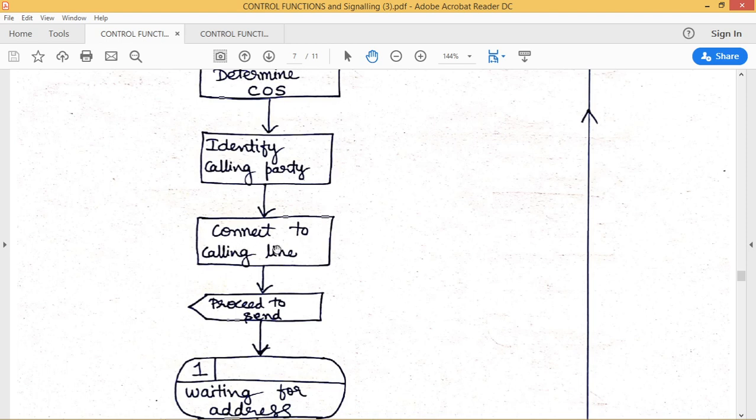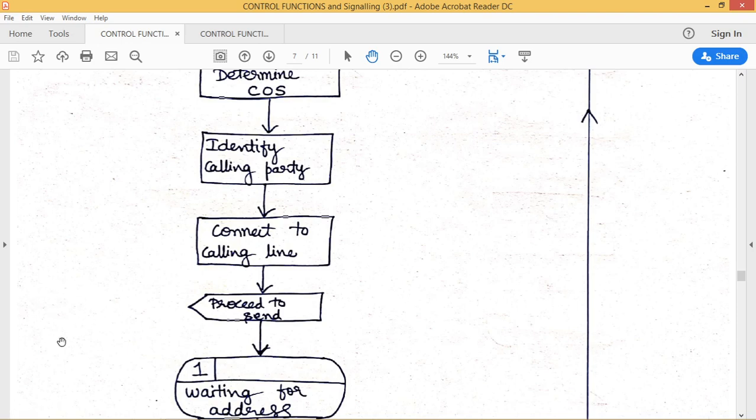So once the connection is made, the proceed to send signal will be sent to the calling person. Since the exchange is sending the signal, this also comes under the action box, we know that. So proceed to send is given to the calling person.